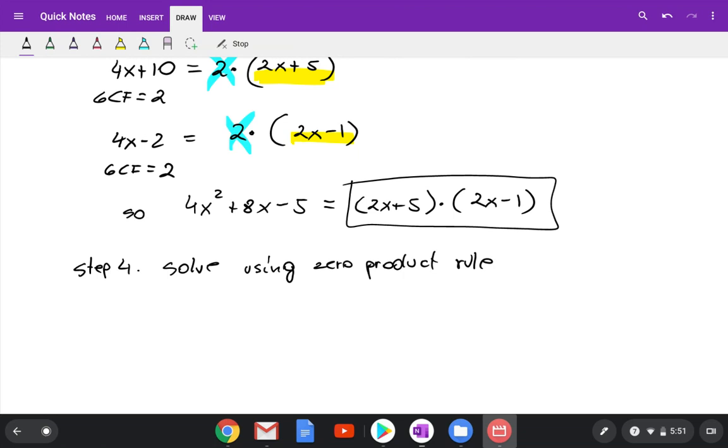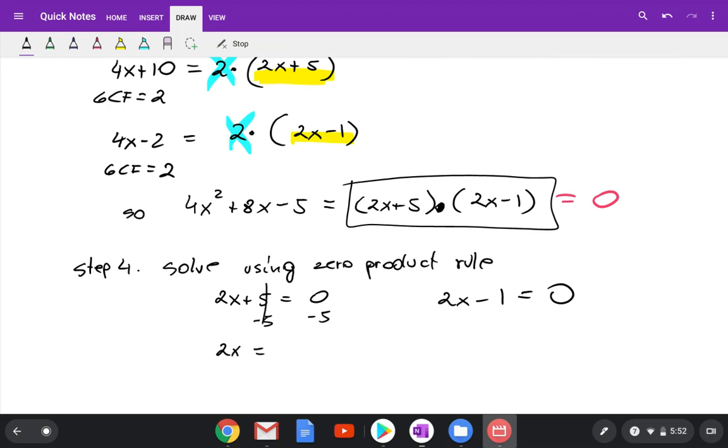Let's not forget that our quadratic equation equals 0. So we're solving using the zero product rule, which means make each parenthesis equal 0 and solve for x. That's why you need that product. This one has to be multiplication. So we're subtracting 5 from both sides.